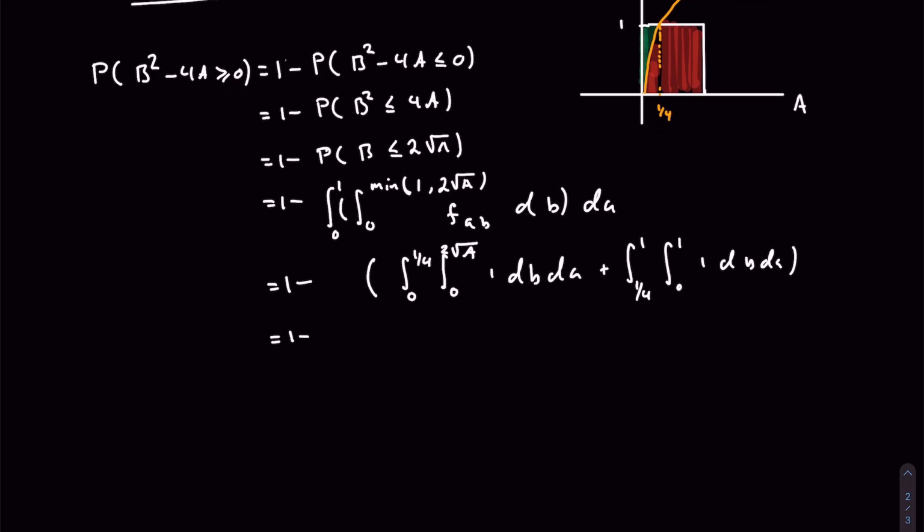Okay, so now it's a matter of simply, let me just do this a little nicer, 0 to 1/4, and this inner thing here will be b from 0 to square root of a, da, and this term here will be b from 0 to 1, and then we integrate from 1/4 to 1 da.